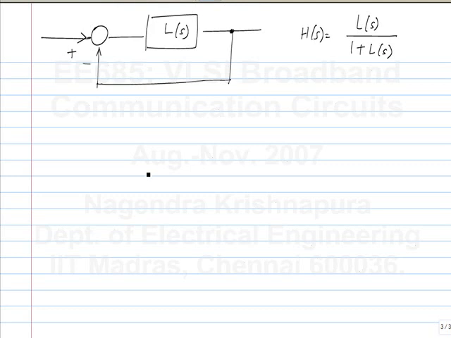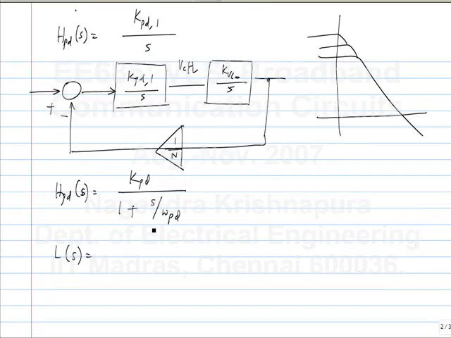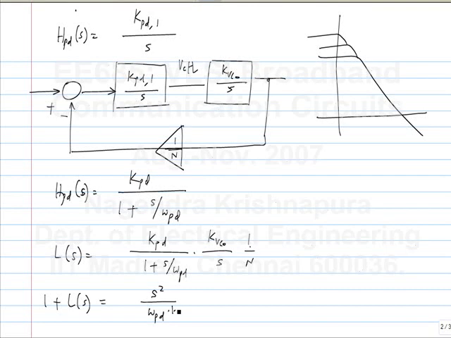So in this particular case, loop gain is K_PD by (s plus omega_PD) times K_VCO by s times 1 by N. Okay. So what do we get? 1 plus L(s) will be divided by something.